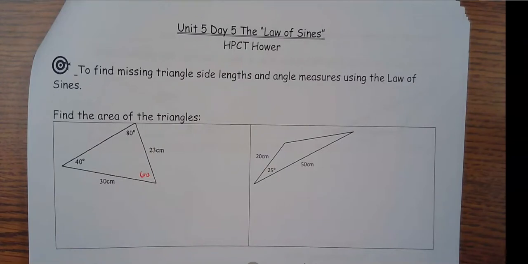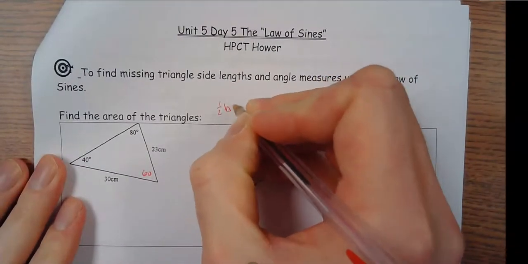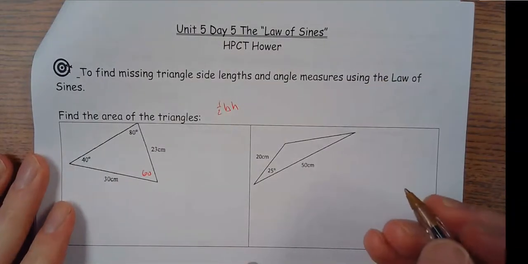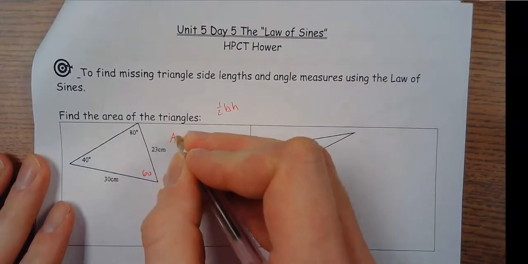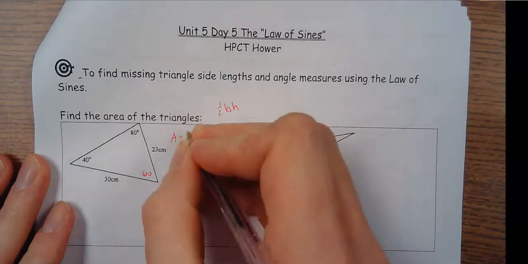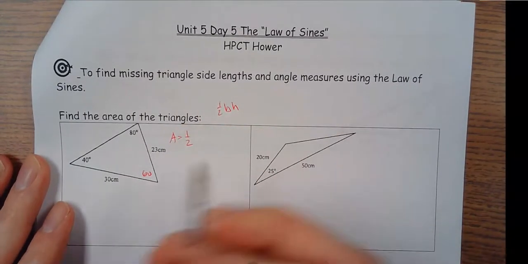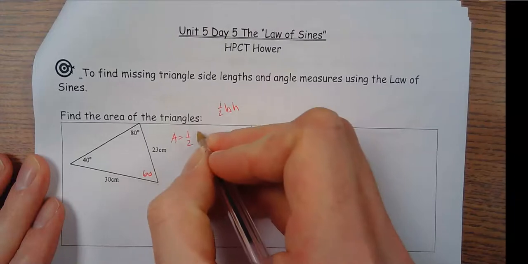If you remember, the basic formula for a triangle is 1/2 base times height. I could think of 30 as my base.